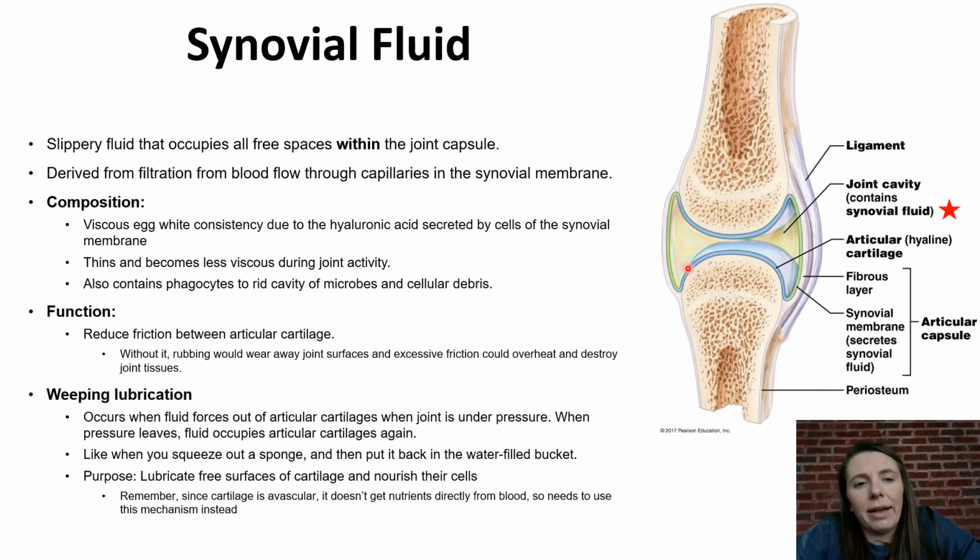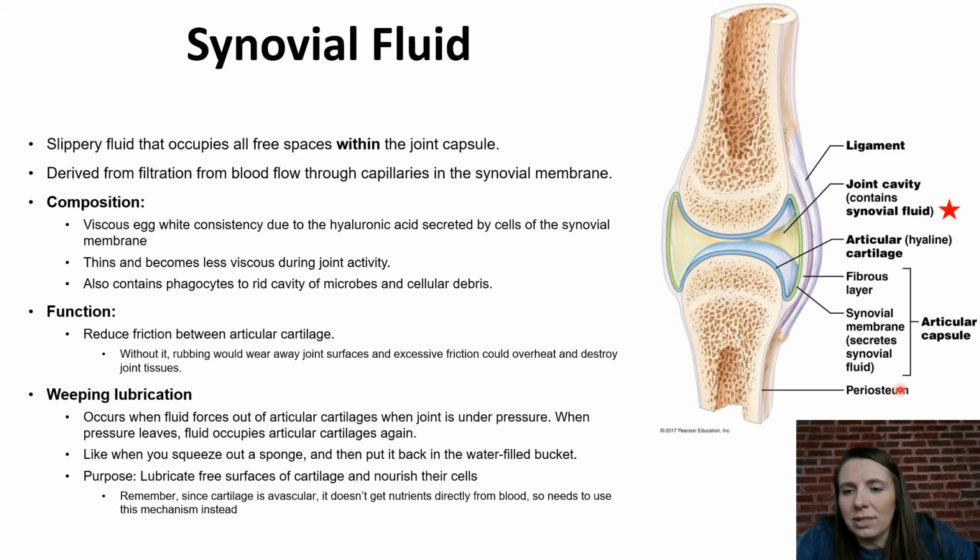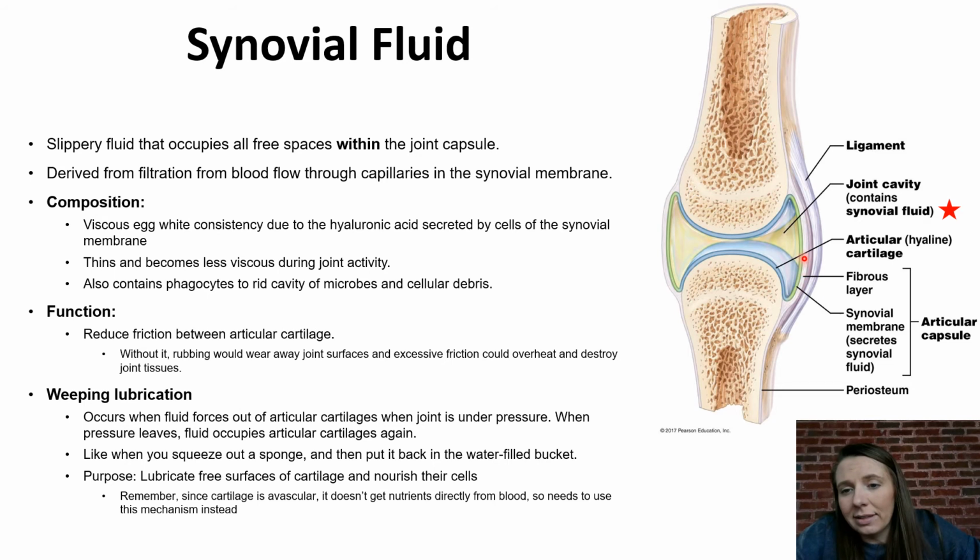Synovial fluid is derived from filtration of the blood flow running through the capillaries in the synovial membrane. The synovial membrane does have capillaries supplying blood to it, and what happens is that the membrane is going to filter out some nutrients and put them from the capillaries into this potential space within the joint cavity in the form of synovial fluid.